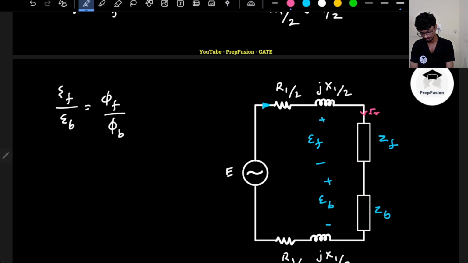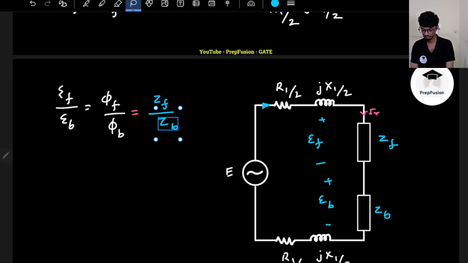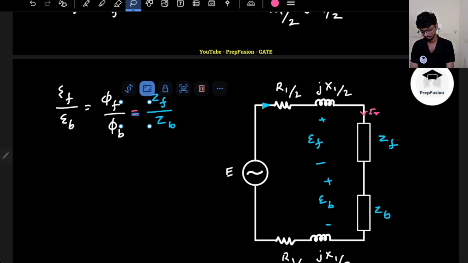So their voltage ratios will be proportional to their impedances. So this will be ZF by ZB.